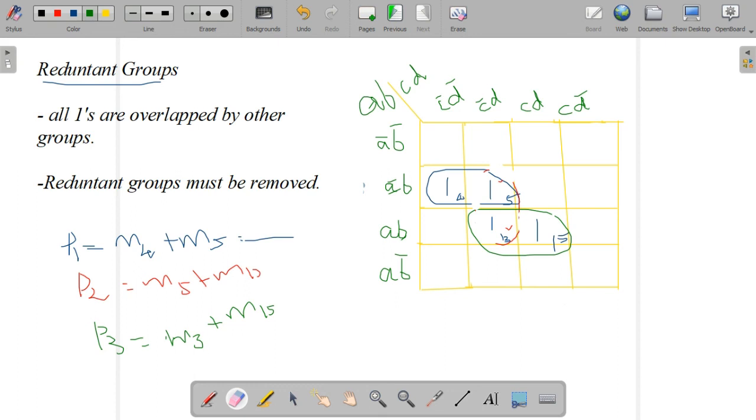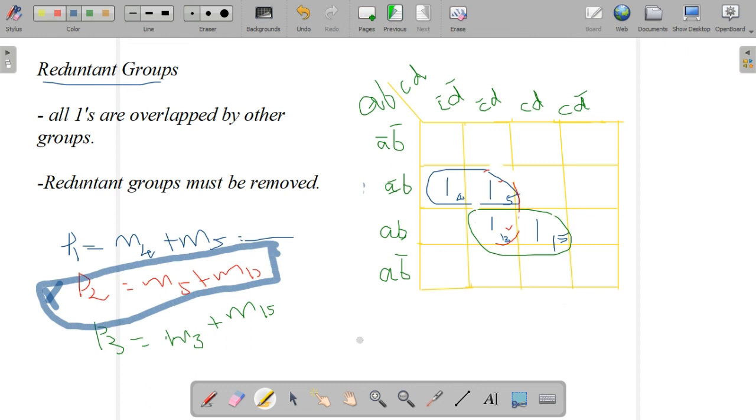Why? Because that is a redundant one. What is a redundant one? All the values or all the ones are overlapped by other groups. In this case, M5 is overlapped by the first pair and M13 is overlapped by pair 3. So we can't consider pair 2 as a group. It is a redundant group, so we don't include it in the expression.